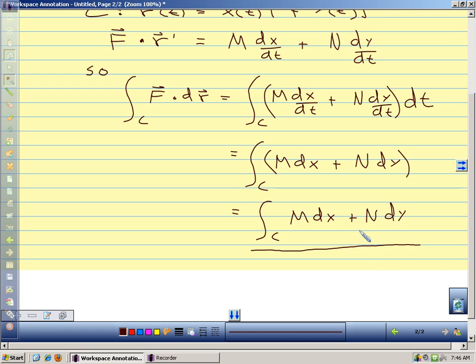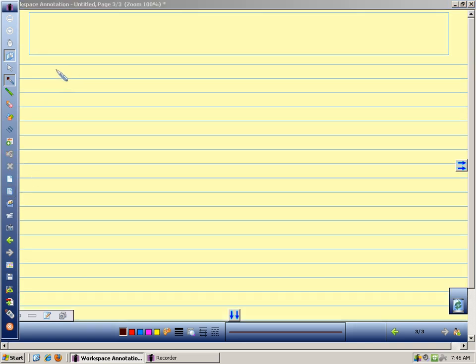So a couple of important notes. It's important to remember that the value of a line integral is independent of the parameterization.